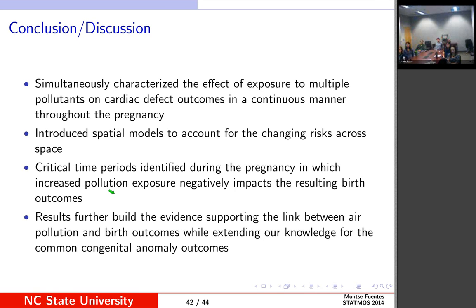Great. Any other questions from people? Joe Guinness is here in the audience, and he has a question. How did you decide which demographic covariates to include? Well, it was limited by what we had. We had information about education, race, and age.